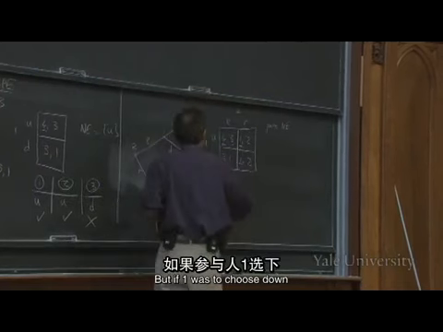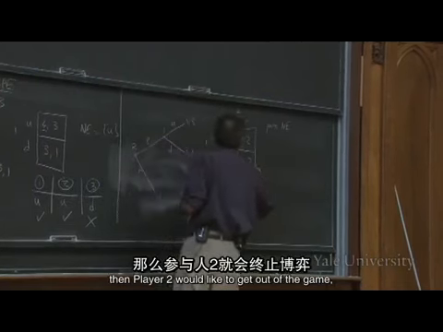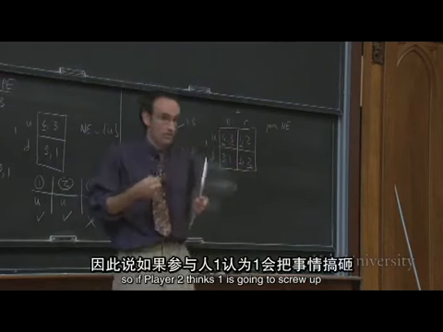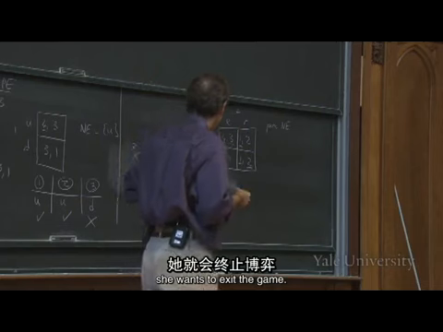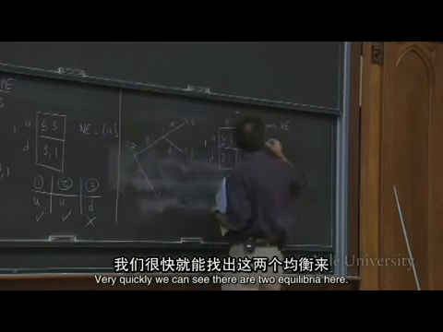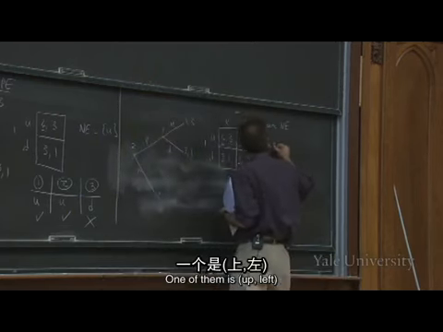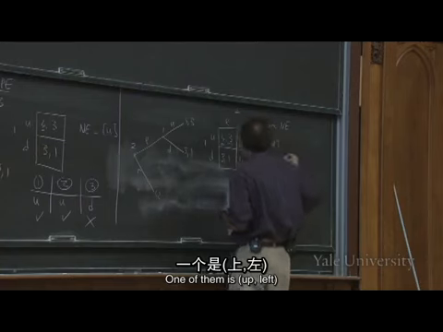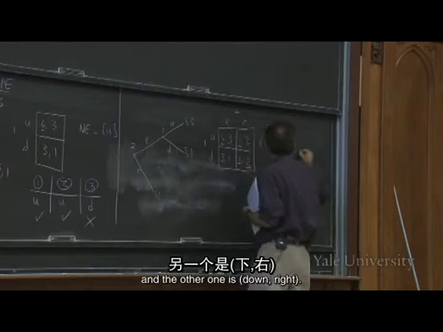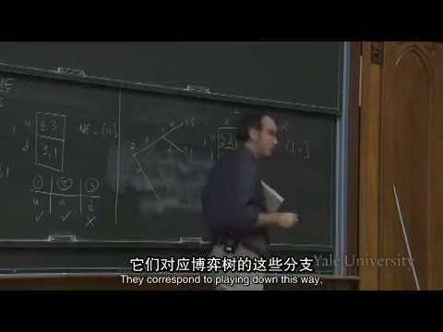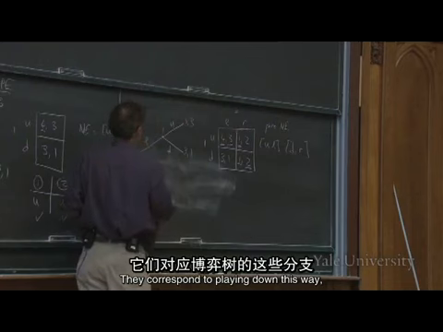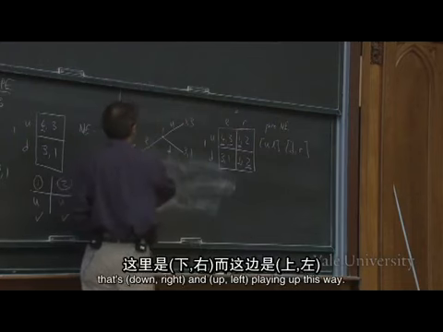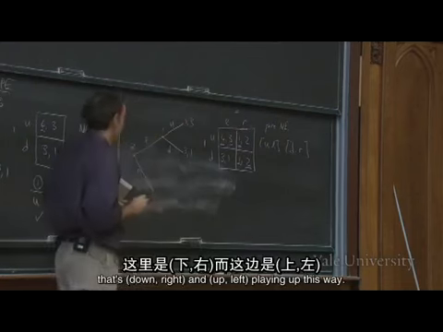But if 1 was to choose down, then player 2 would like to get out of the game. So if player 2 thinks 1 is going to screw up, she wants to exit the game. And very quickly we can see there are 2 equilibria here. One of them is up left, and the other one is down right. They correspond to playing down this way, that's down right, and up left playing up this way.